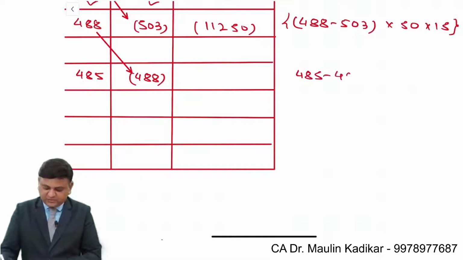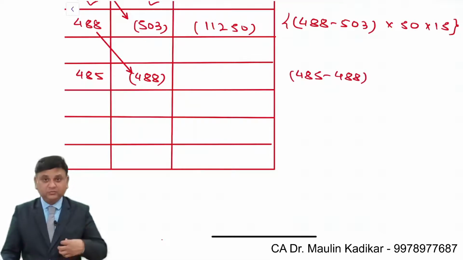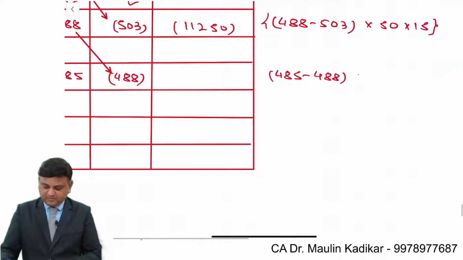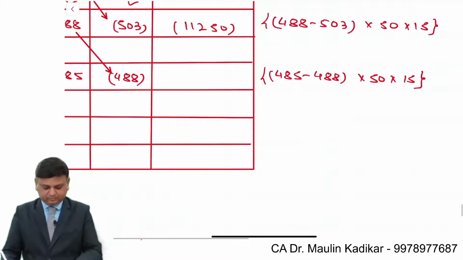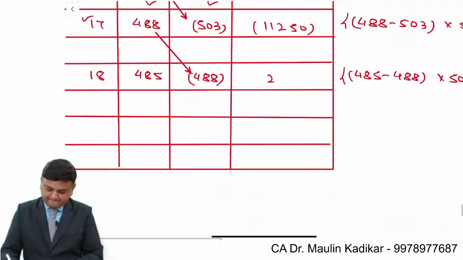So 485 minus 488, loss of 3 rupees into 50 into 15. That is the way we are required to make the computation. Loss of 3 multiplied with 50 into 15, that is 2250.